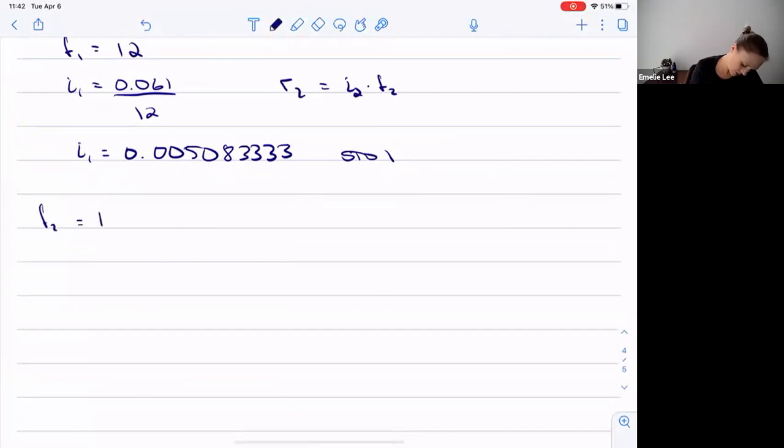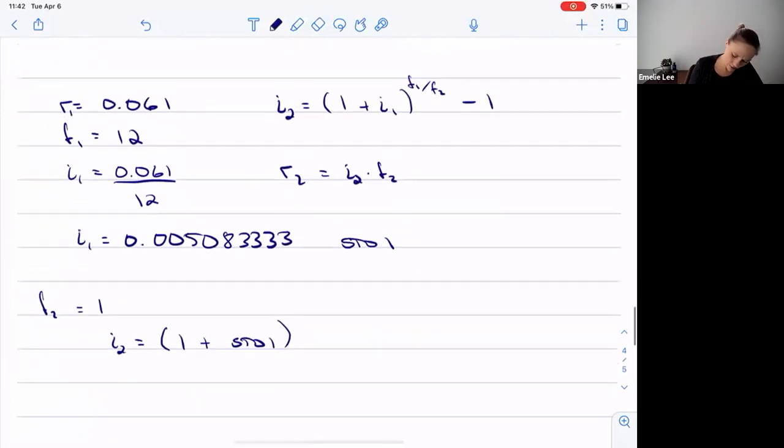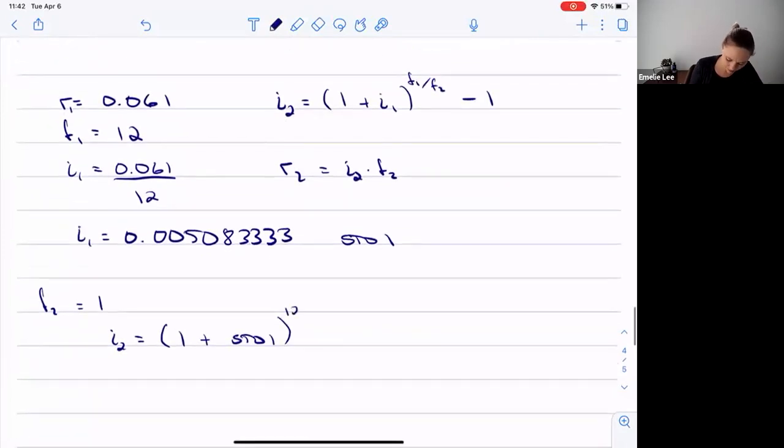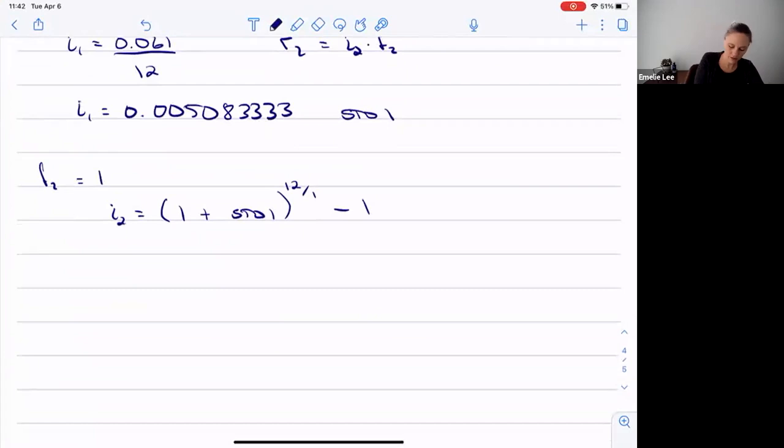If F2 is 1, then I2 is 1 plus stored 1 to the power of F1, which is 12, over 1, which is F2, minus 1. So I2 is 1 plus recall 1 to the power of 12 over 1, then minus 1. So I get an I2 of 0.062733469.